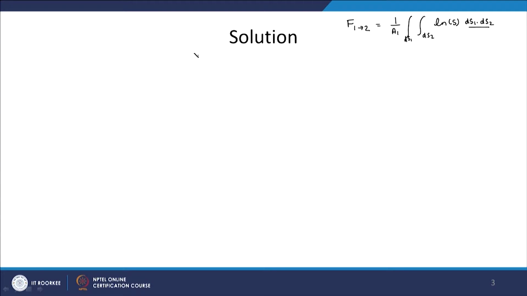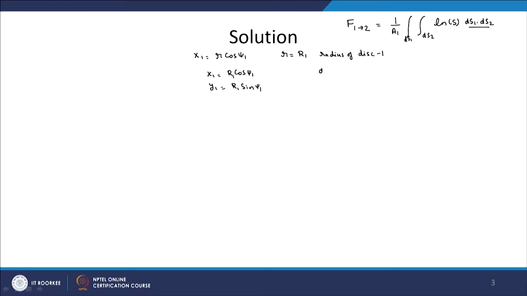So, first of all we try to find out ds1 and ds2 in terms of the coordinate system. We can easily write x1 is equal to r cos psi 1, and because we are doing line integration we take just the r value to be r1, where r1 is the radius of disc 1. So, x1 anywhere on the path or contour or periphery of the disc will be simply r1 cos psi 1, and similarly, y1 will be equal to r1 sin psi 1.